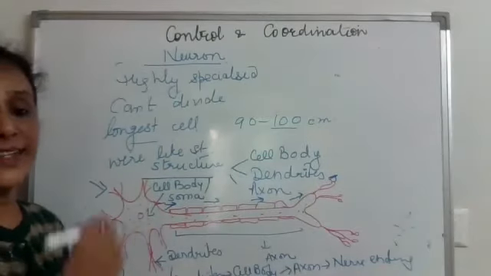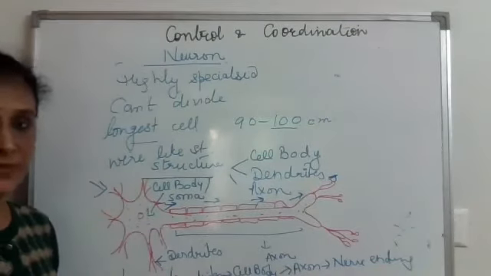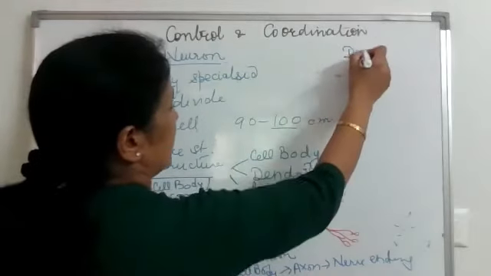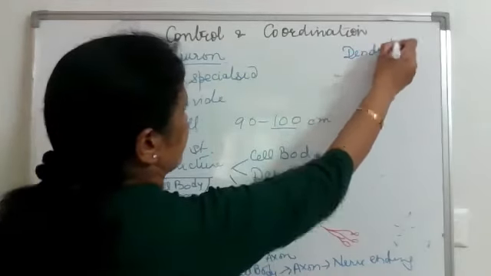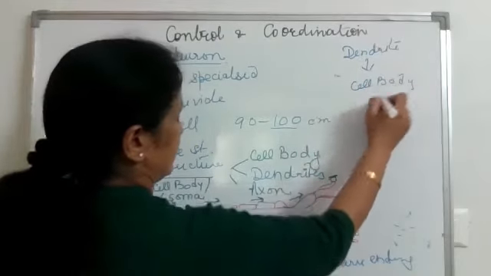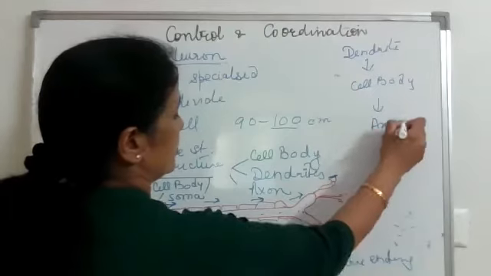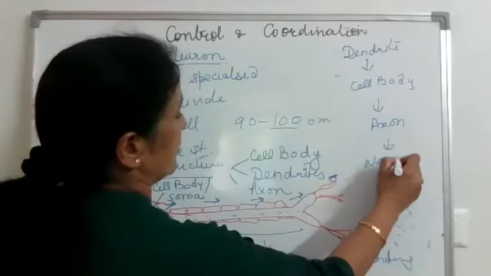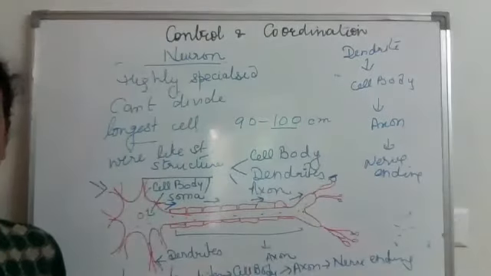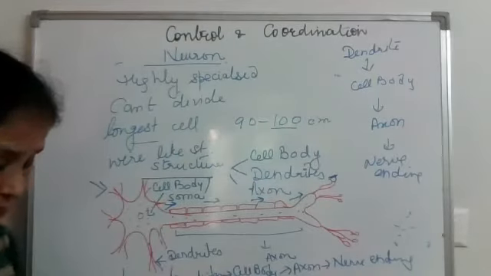This is the direction of flow, right? Again I am writing: dendrite, then cell body, then axon, and then nerve ending. This is the direction of the flow of the stimuli.